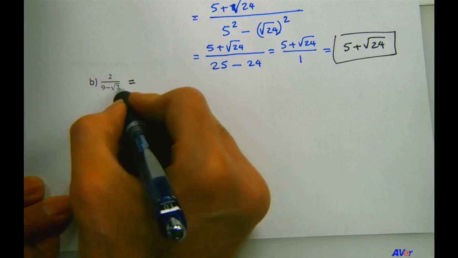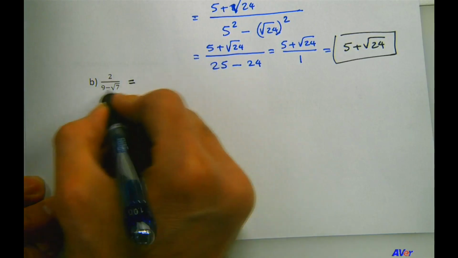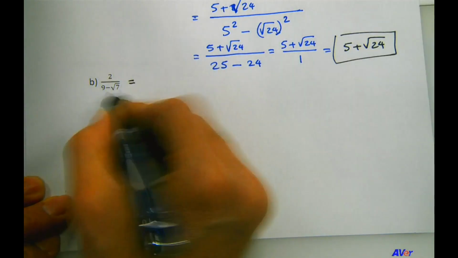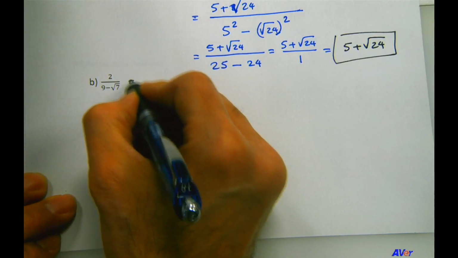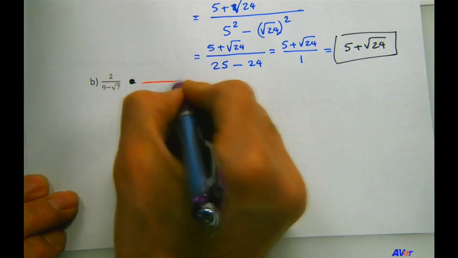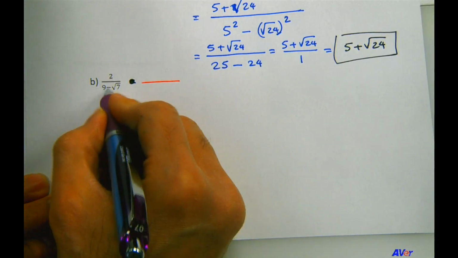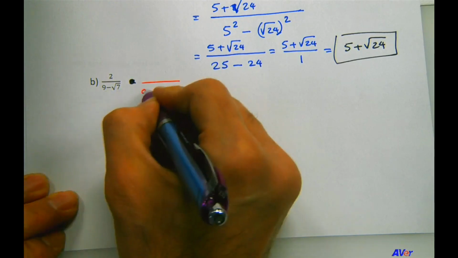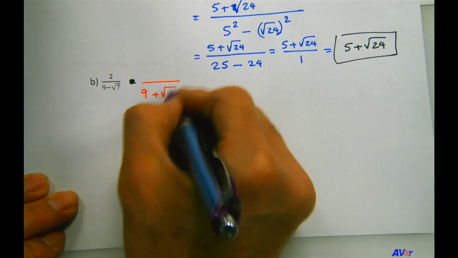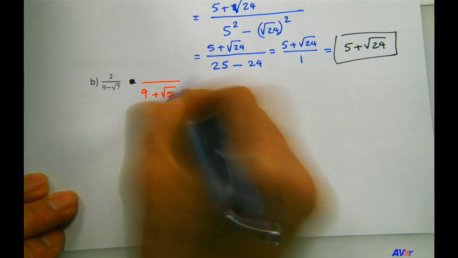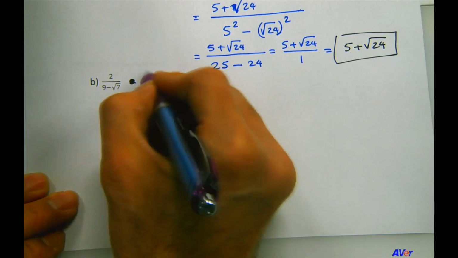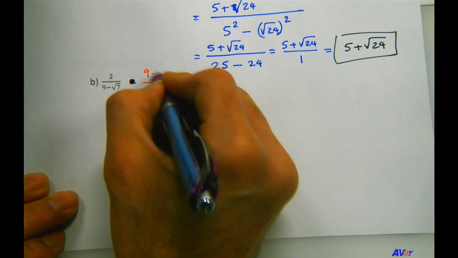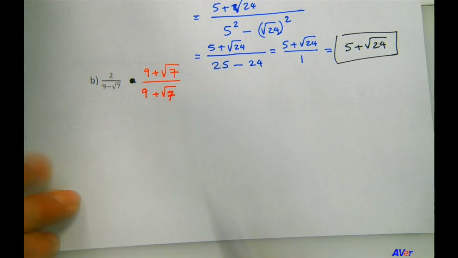Okay, so here we have two terms, so we have to multiply the denominator and numerator by the same two terms, with the exception that you change this algebraic sign to its opposite. So 9 plus square root of 7, and do the same thing to the numerator. Multiply the 2 by 9 plus square root of 7.